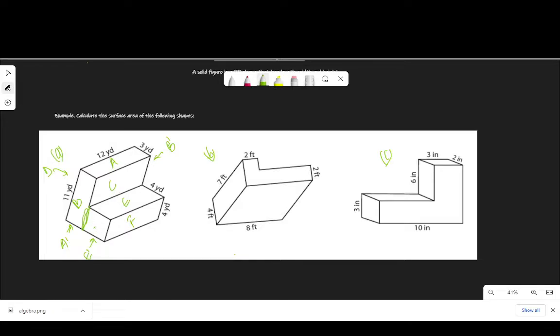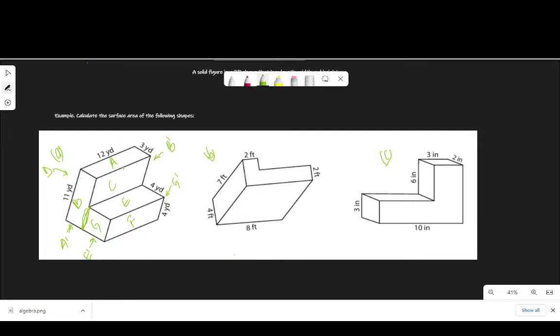Then I have this side. Let me call it G. I have exactly the same shape hidden right here. I call it G prime. So calculating the surface area of each of the faces and then adding up everything together will give us the total surface area of this solid figure.